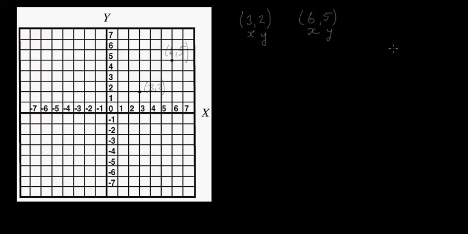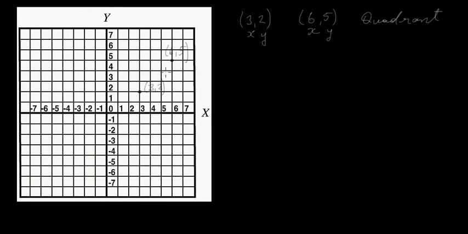These individual sections are called quadrants. I'll just write that out here: Q-U-A-D-R-A-N-T, quadrants. Now this is the first quadrant here, this is the second quadrant, this is the third quadrant, and this is the fourth quadrant here. So 1, 2, 3, 4.